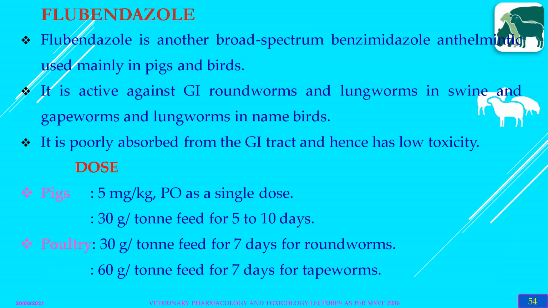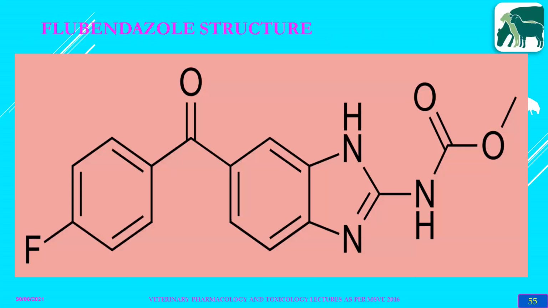Flubendazole is very poorly absorbed from the GI tract, and hence has very low toxicity because of the poor absorption. The dose for pigs is 5 milligram per kg as a single dose, and for poultry it is 30 gram per ton of feed for 7 days, especially for roundworms, and 60 gram per ton of feed for tapeworms in poultry. In flubendazole, the fluorine moiety is present here.